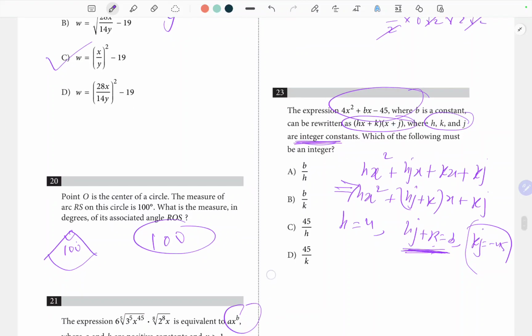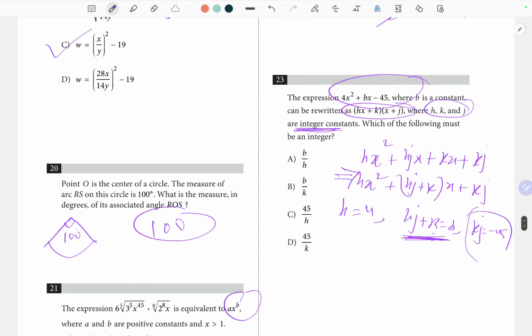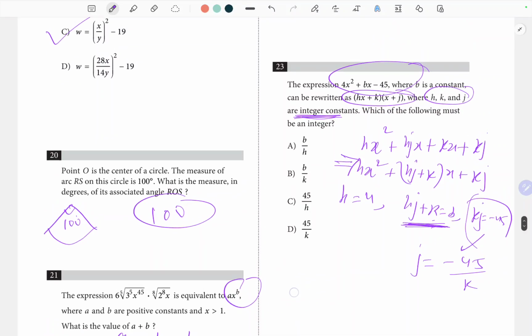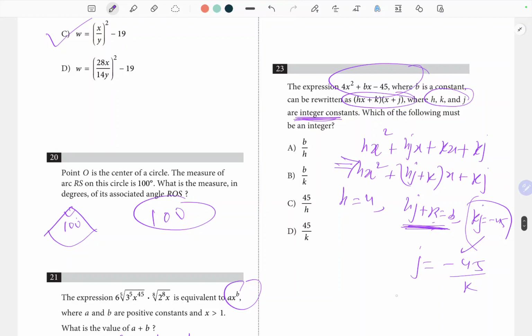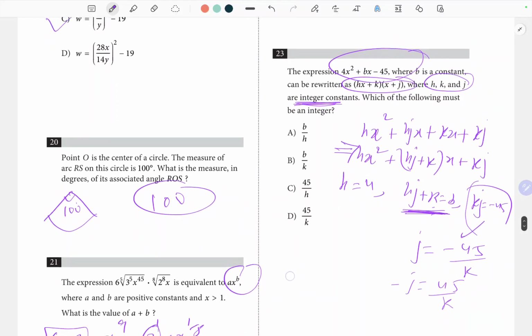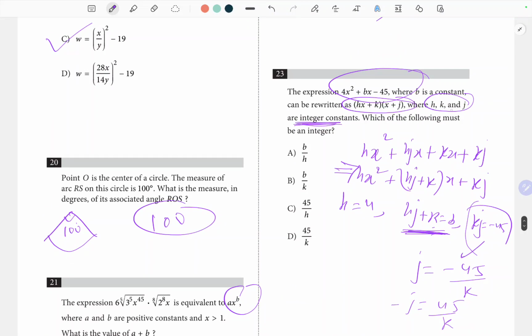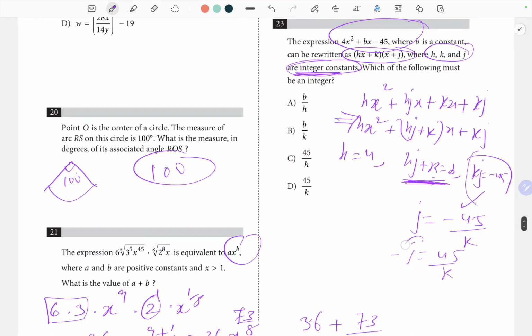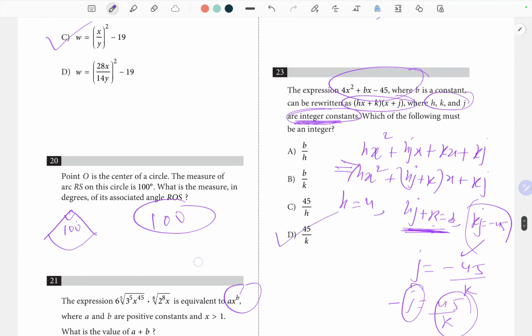So C is also not possible. 45 over k we can get some idea from here. j equals minus 45 over k, so minus j is 45 over k. Okay, h, k, j are integer constants. So j was an integer. So if j was an integer, then minus j must be an integer. It means 45 over k must be an integer. So D should be the answer.